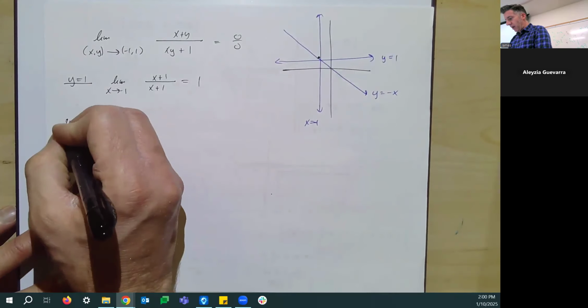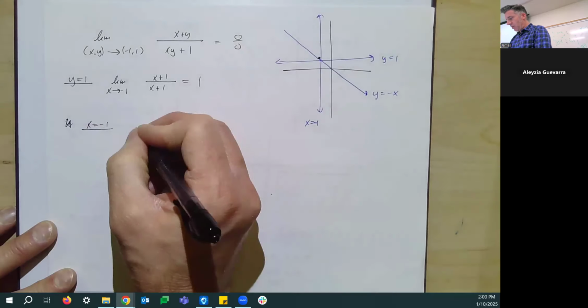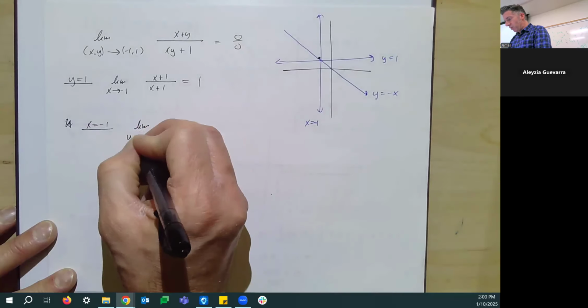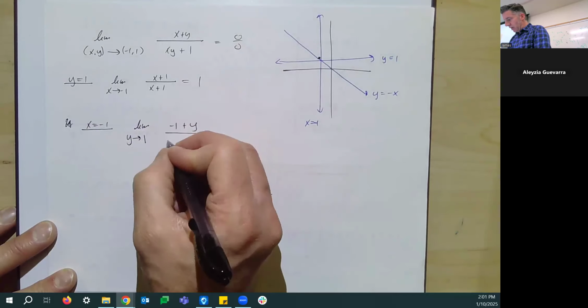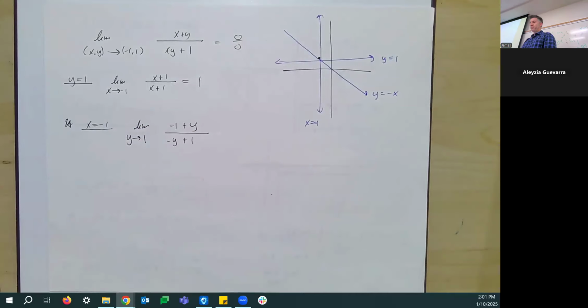If on the other hand x equals -1, then we have the limit as y approaches 1 of -1 plus y over -y plus 1. And if we look at that, you might notice that those things are essentially the same except opposites.